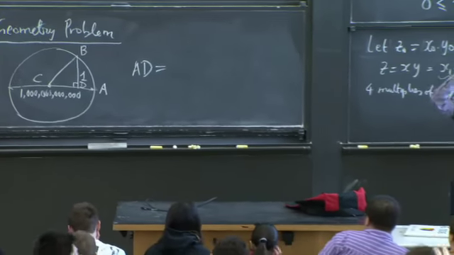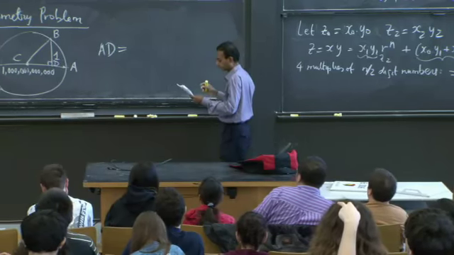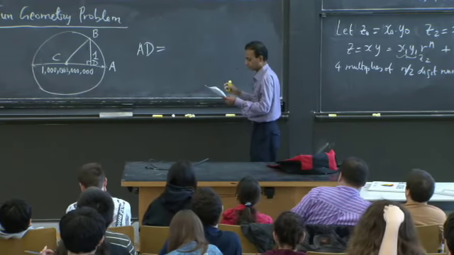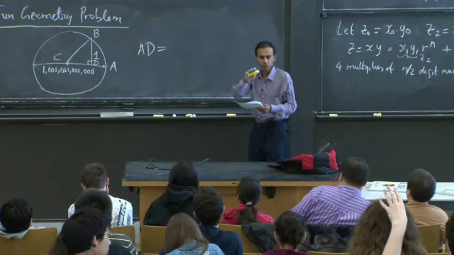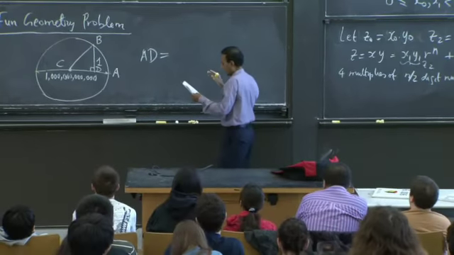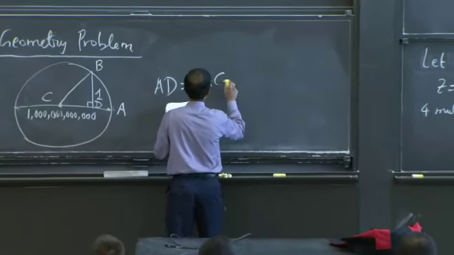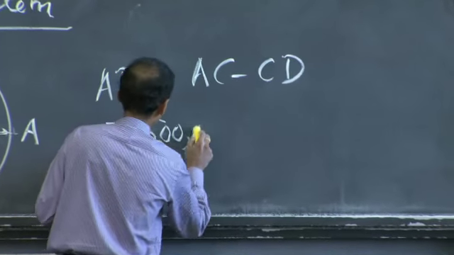Yeah, go ahead. The radius, a trillion, minus the square root of half a trillion squared minus 1. Perfect. So AD equals AC minus CD.